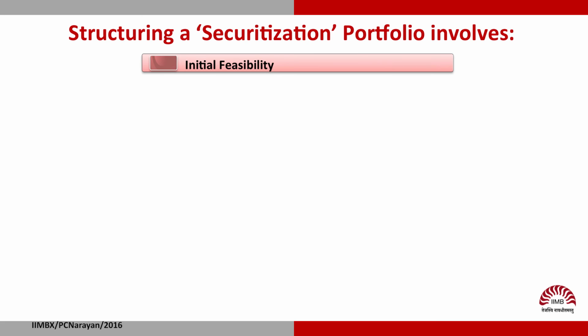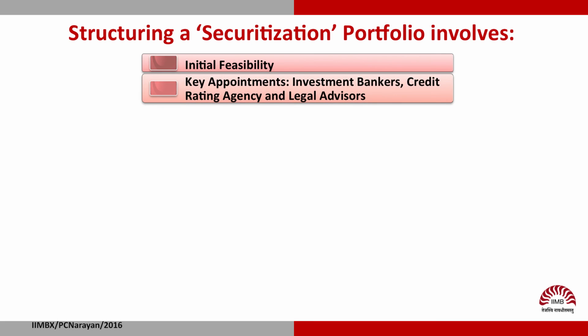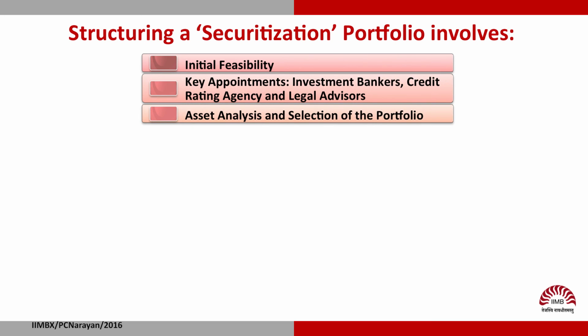Structuring a securitization portfolio involves several entities and steps. Initial feasibility, key appointments such as investment bankers, credit rating agency, and legal advisors. Asset analysis and selection of the portfolio.